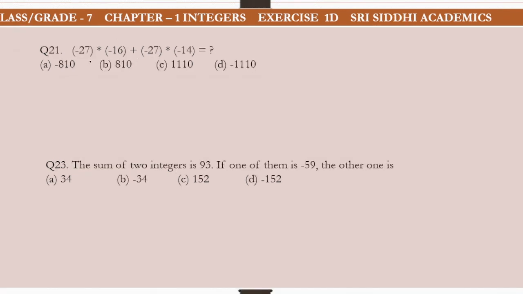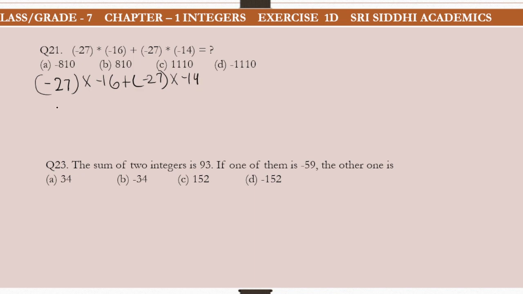Let's solve question number 21. It says minus 27 into minus 16 plus minus 27 into minus 14 is equal to how much? So I write minus 27 into minus 16 plus minus 27 into minus 14.